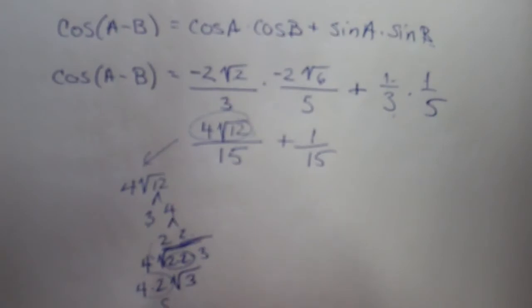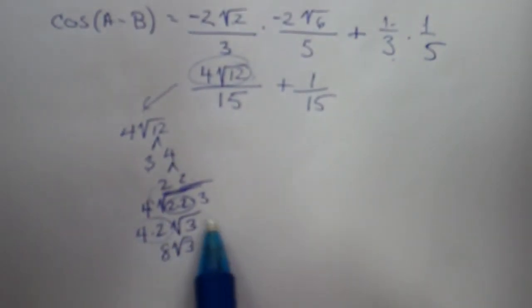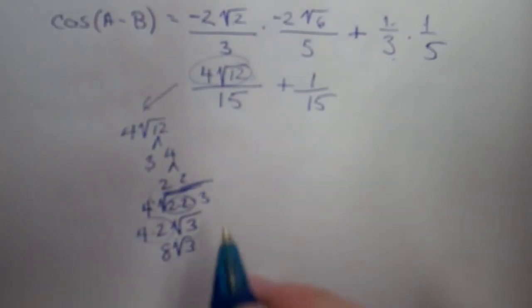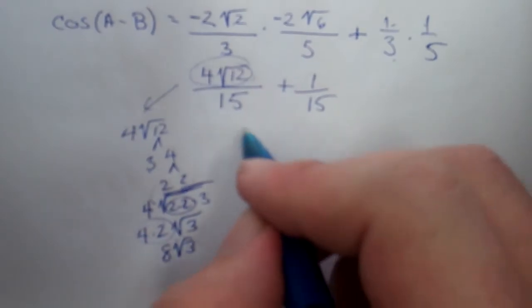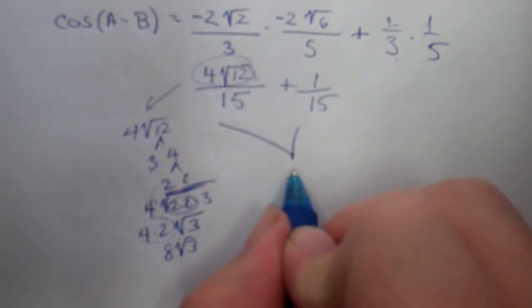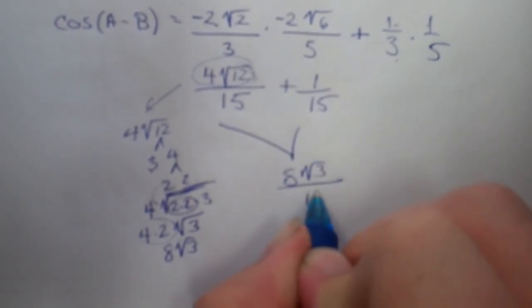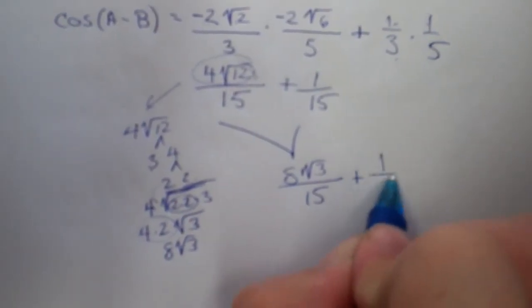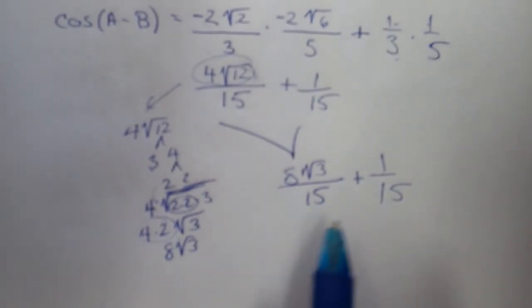This is 4 times 2, so that's 8 radical 3. In other words, 4 radical 12 is the same thing as 8 radical 3. So this becomes, instead of 4 radical 12, I'll write that as 8 radical 3 over 15 plus 1 over 15.